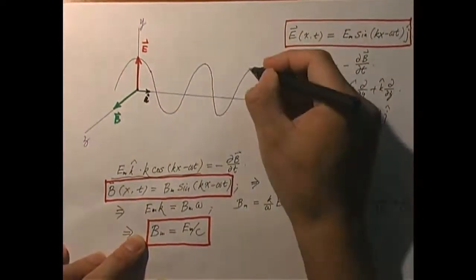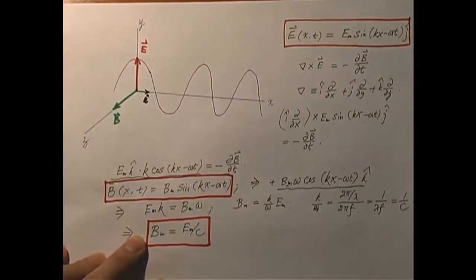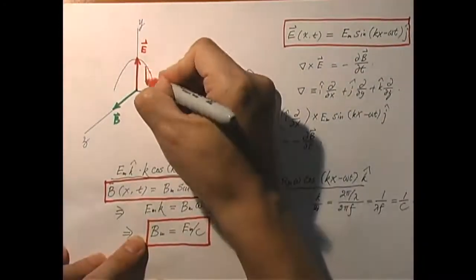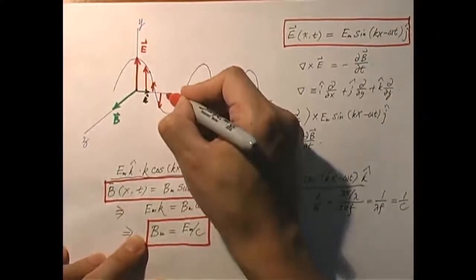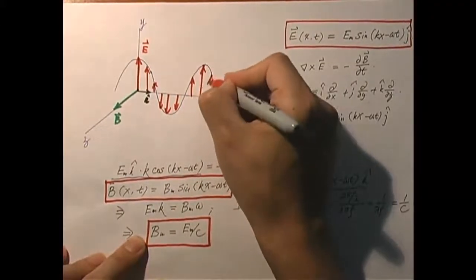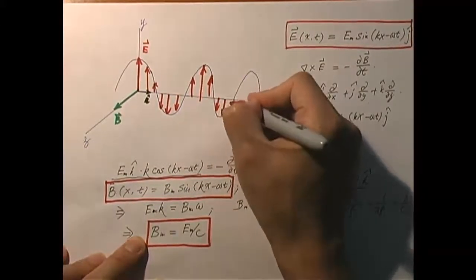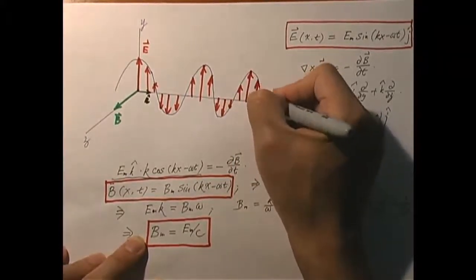And I can put some more arrows to give you a more visual idea of what the electric field looks like at various locations on the x-axis.